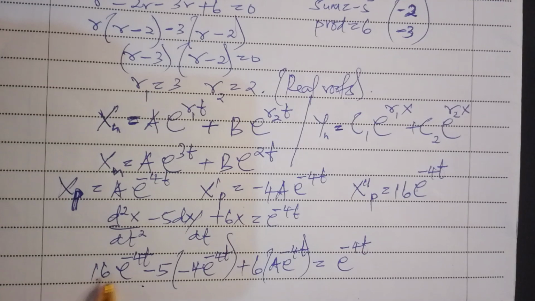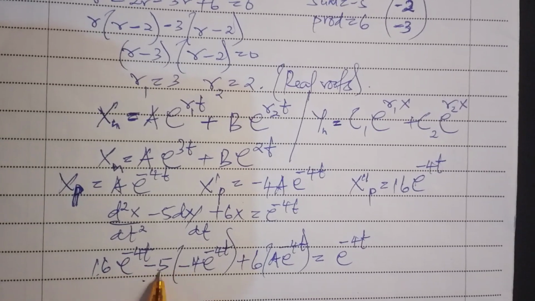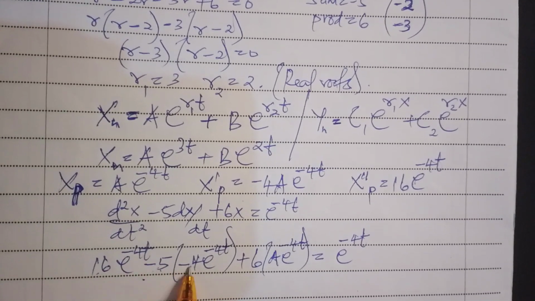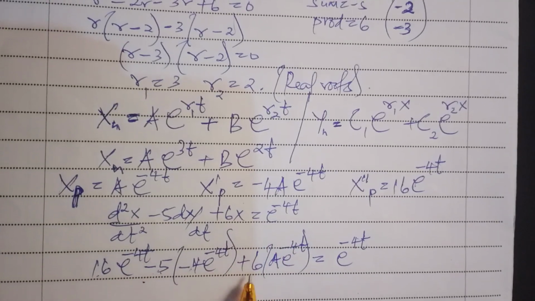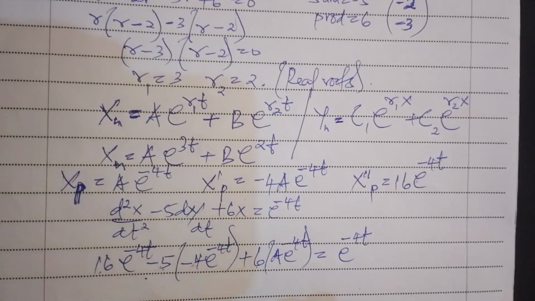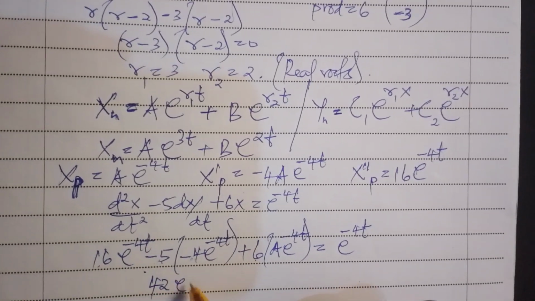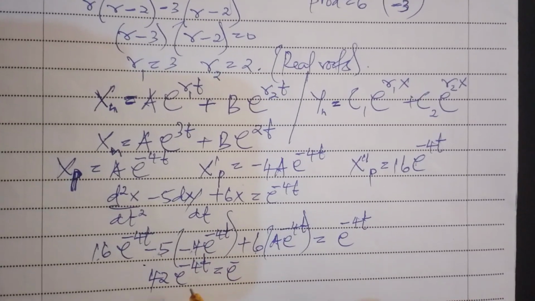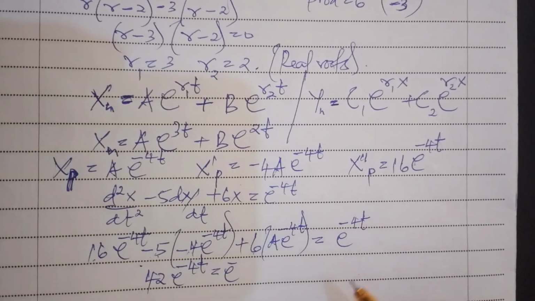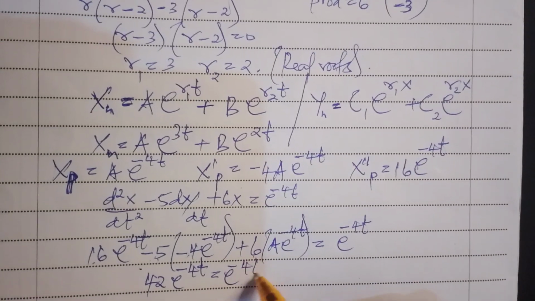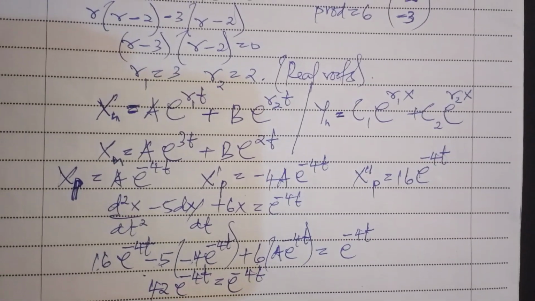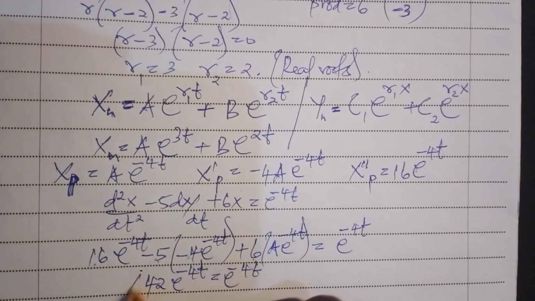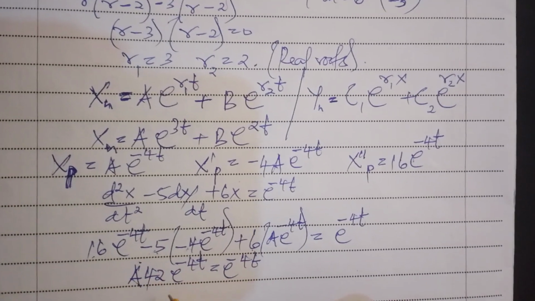So we have 16 e to the negative 4t, this one will be 20 e to the negative 4t, becomes 36, plus 6, we have 42 e to the negative 4t is equal to e to the negative 4t. This is 42a e to the negative 4t.